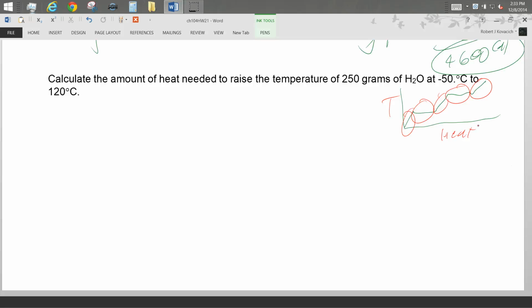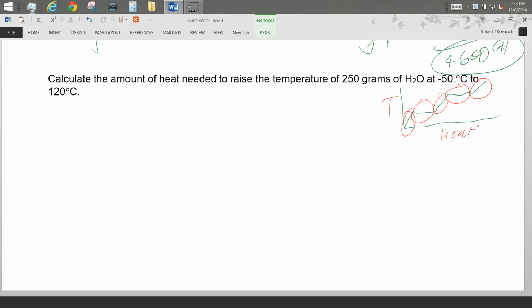That's it. All right, so this starts at negative 50 degrees Celsius. So tell me what the change in temperature is for that first portion of this curve. 50. Yeah, the delta T, or the change in temperature, is final minus initial. The final temperature for this portion is 0 degrees Celsius, because you're just going to get it up to the point where it starts to melt.